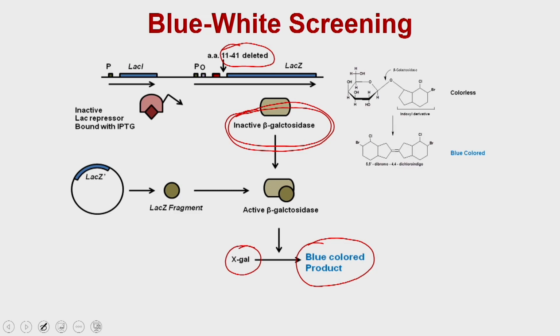It is not going to process the X-gal to a blue colored compound, and as a result you are going to see colorless colonies.